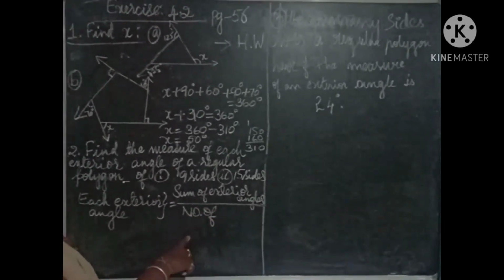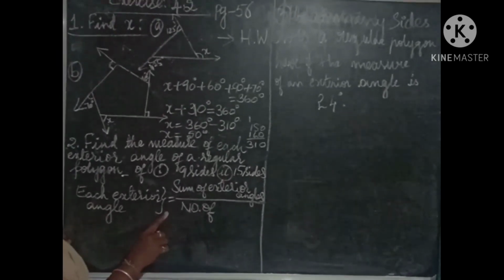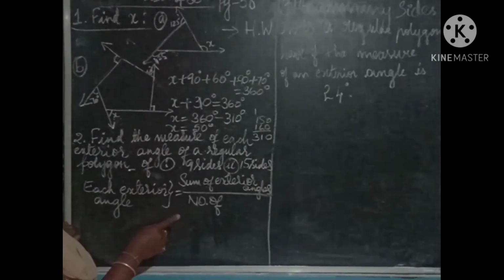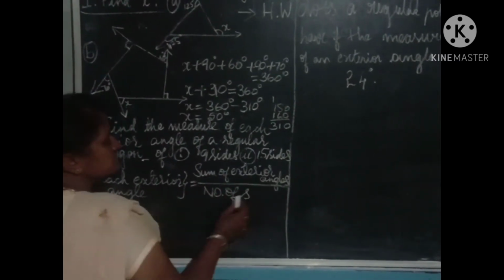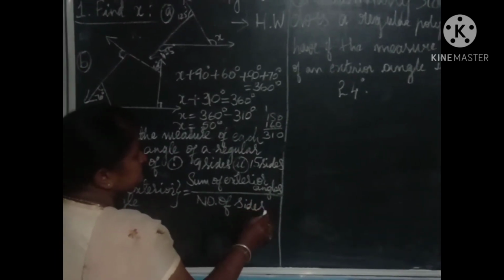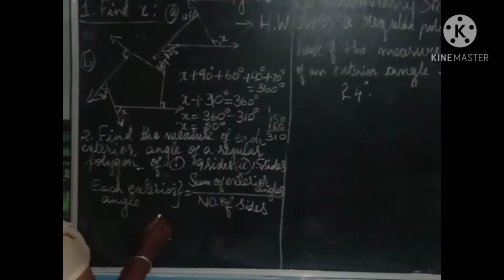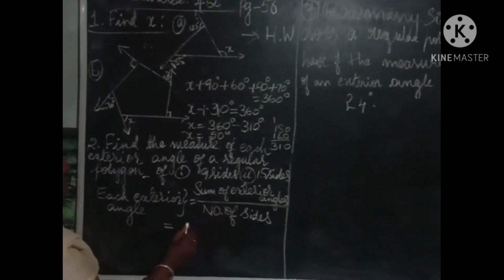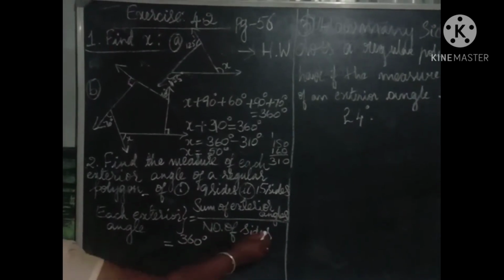A polygon has the same number of sides and angles, so you can write number of angles also. Here the sum of exterior angles is 360 divided by the number of sides.